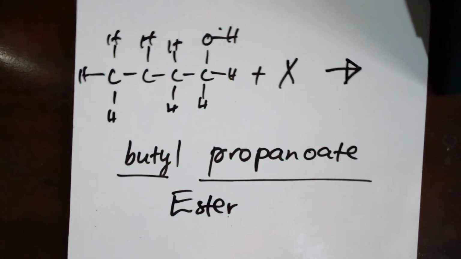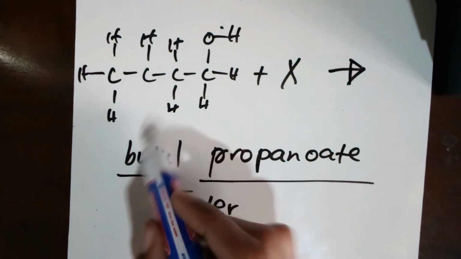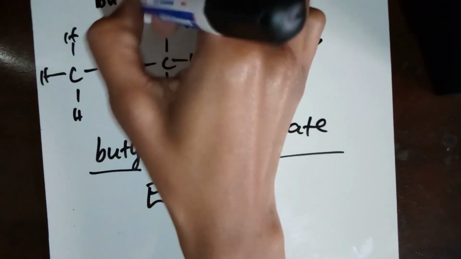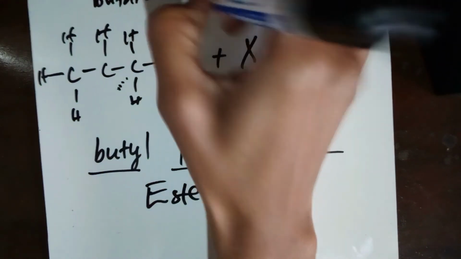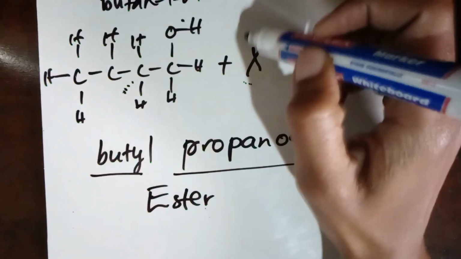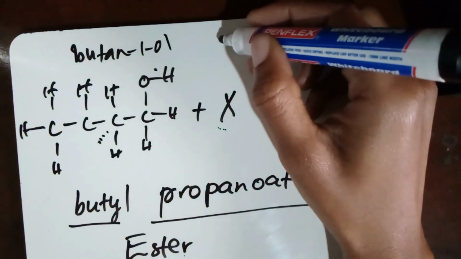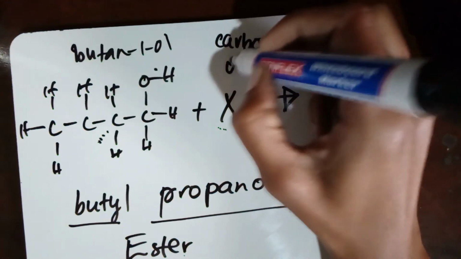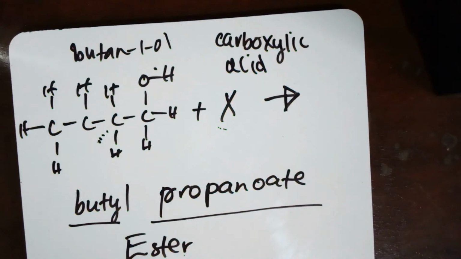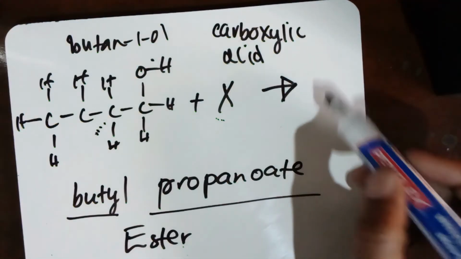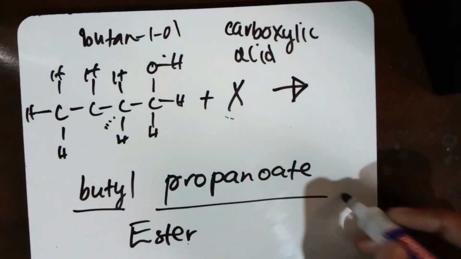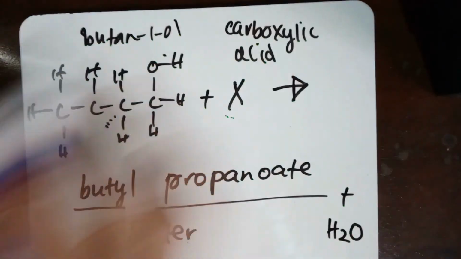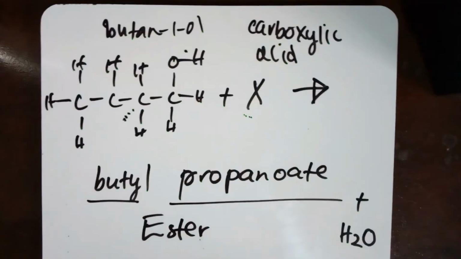This is an ester that is formed from the alcohol, which is our butan-1-ol, and when it reacts with an acid, that acid is actually going to be a carboxylic acid. It will form this butyl propanoate, and of course during this process water will also be released. Remember, we call this process esterification.